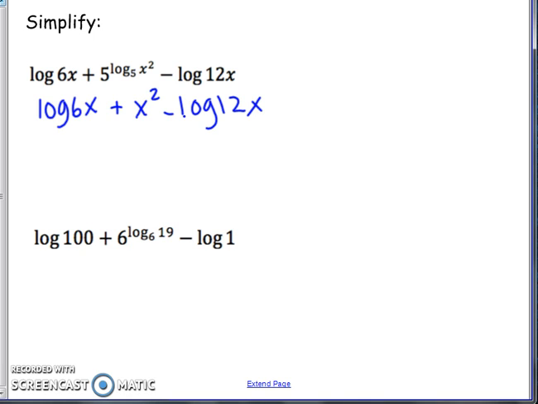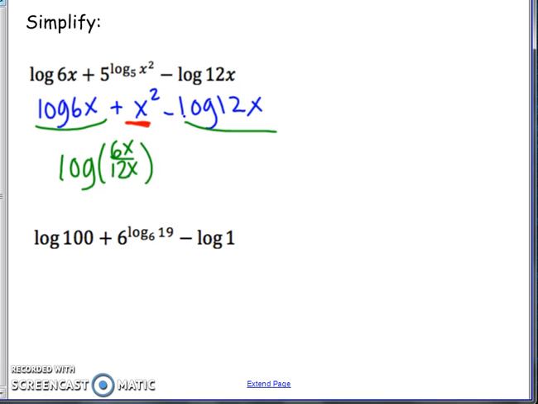This x squared doesn't have a log attached to it, so I can't combine it with the other ones. If I'm looking at just my log terms, I have subtraction, so that means I'm going to be dividing. So I'm going to rewrite this as log of 6x over 12x.